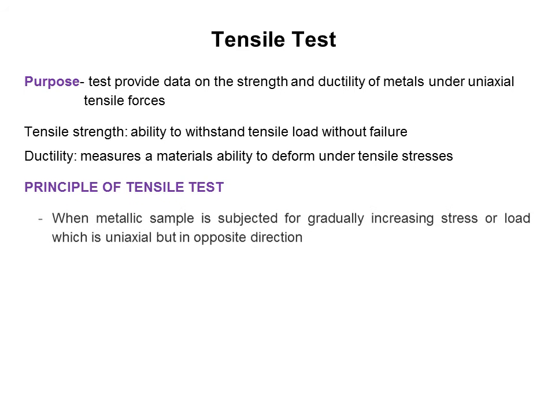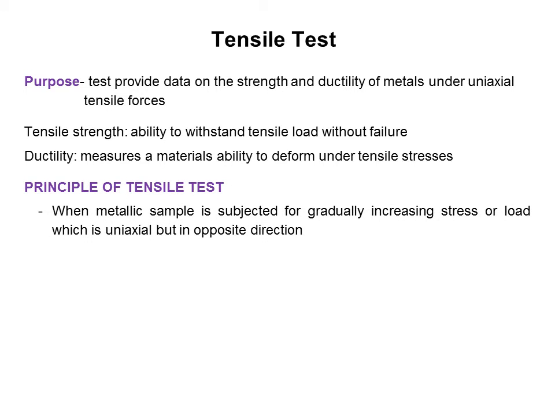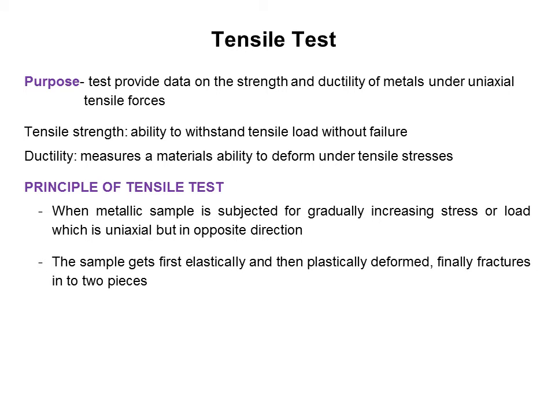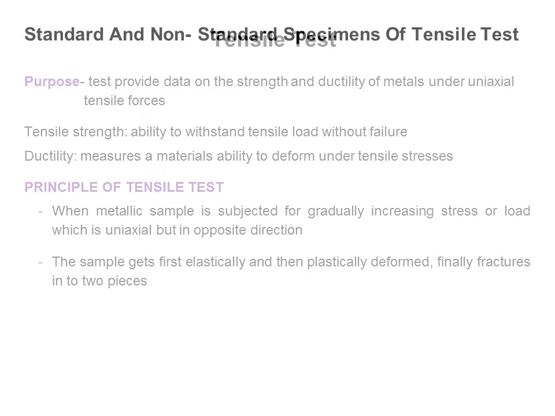So, the principle of the tensile test is, when a metallic sample is subjected to gradually increasing stress or load, which is uniaxial but in opposite direction, the sample first deforms elastically and then plastically, and finally fractures into two.